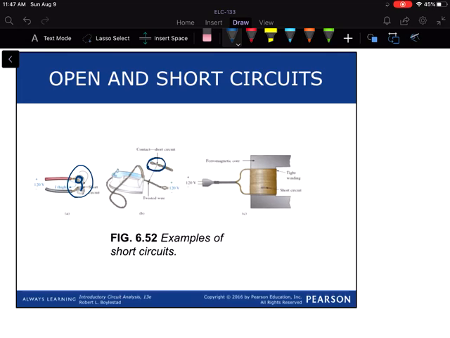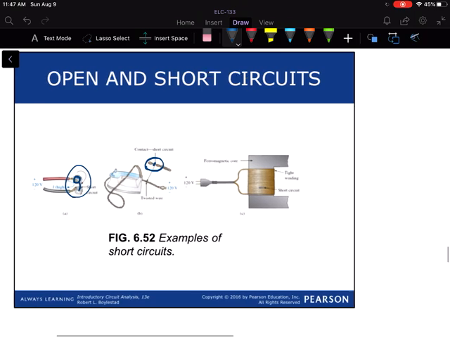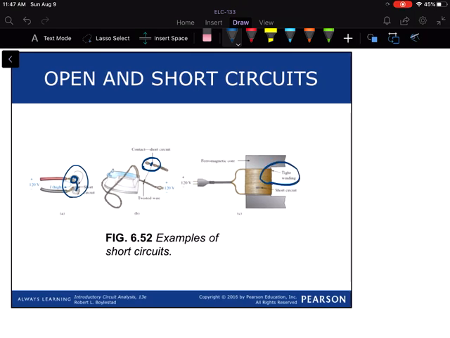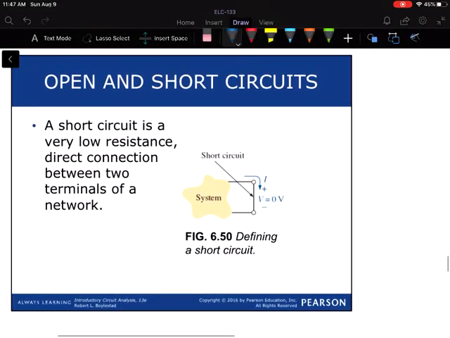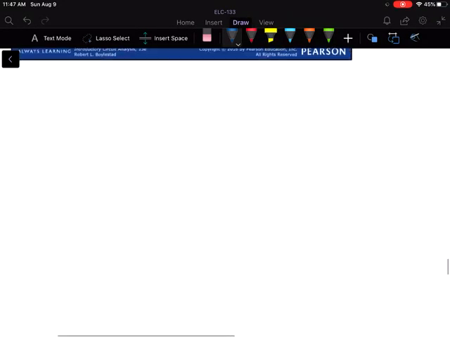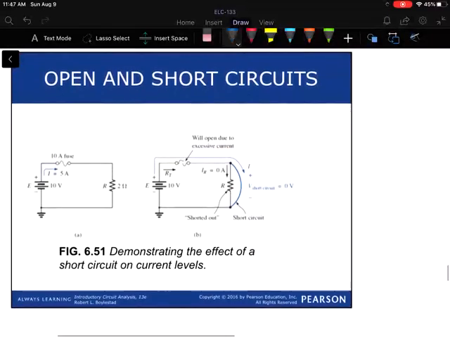Or here we have a twisted pair of wire and the insulation has rubbed off, or it's very tight, and that has then connected the two wires in a way that we don't want. Wire that's too tight might result also in a short circuit. Okay. So basically a short circuit is very low resistance where you would have no voltage across the short circuit, but you can have current. Okay, so make sure you remember those two things.